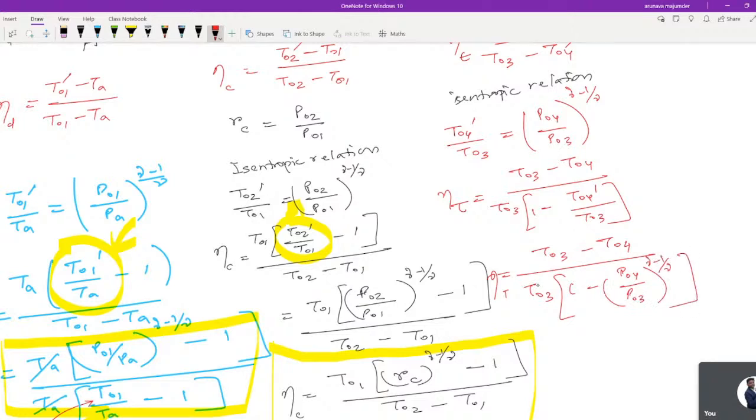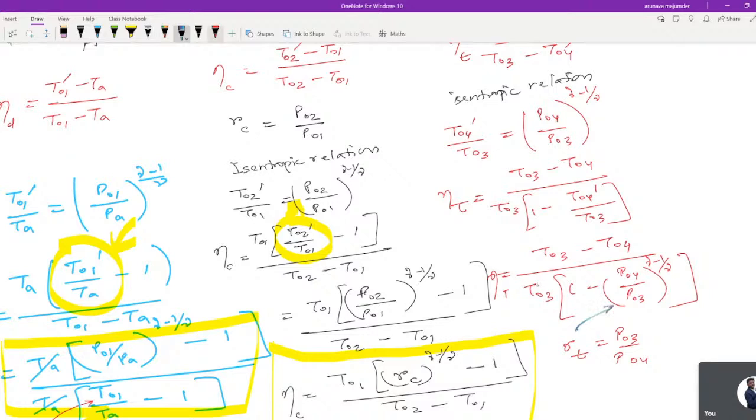So if the P naught 4 by P naught 3 value is given, well and good. If not, if they have given the turbine pressure ratio or the expansion pressure ratio, which is P naught 3 by P naught 4, which is denoted by RT, substitute that value over here and you will get the result.